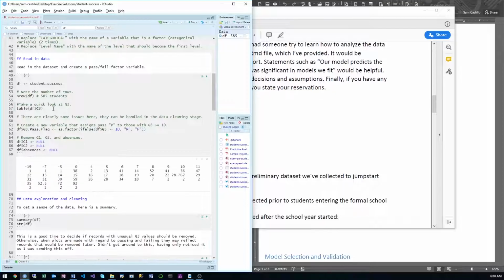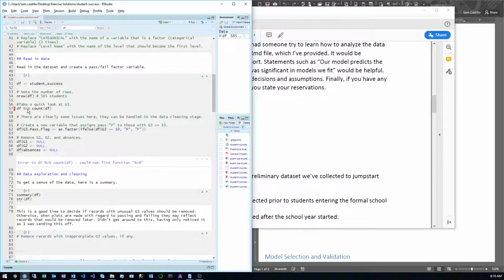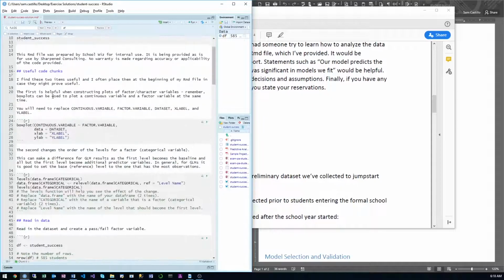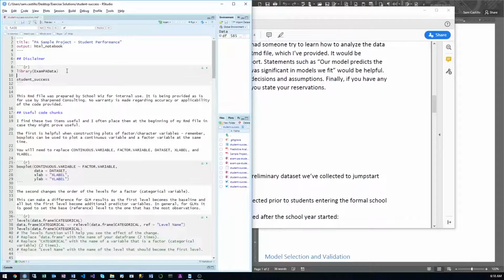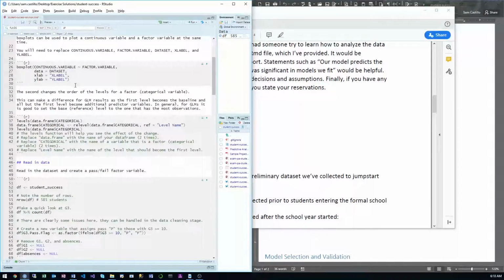And this is showing you the values of G3. I like to use count. I have to load the tidyverse library, which will be on the Prometric computer.